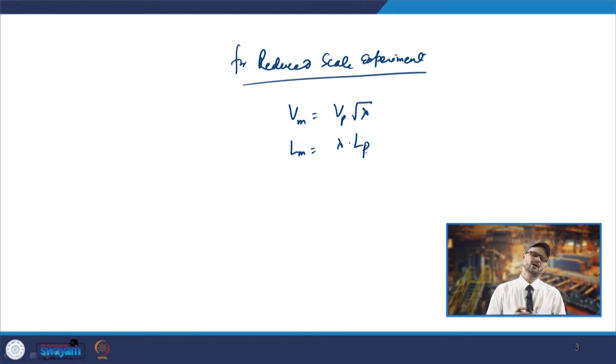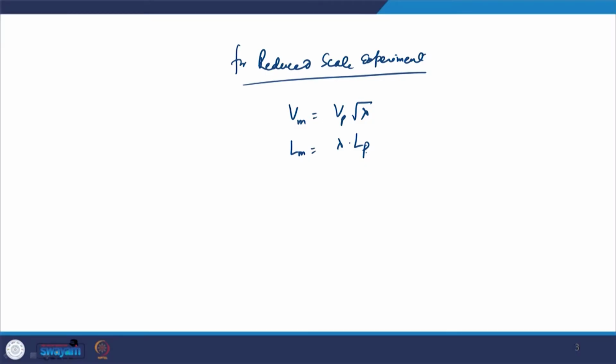If you talk about the idealized condition, size should be as per the geometric similarity, so it should be reduced by a factor of lambda, but then you have to have the analysis for that.